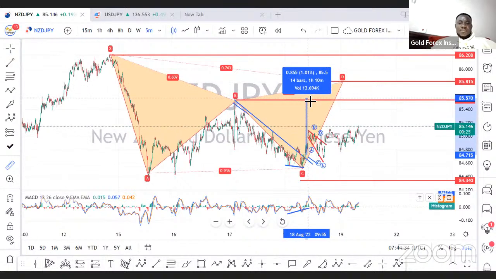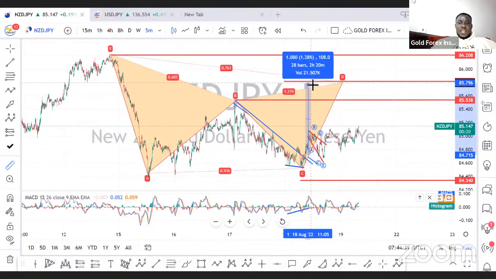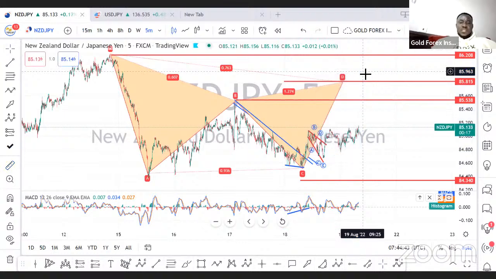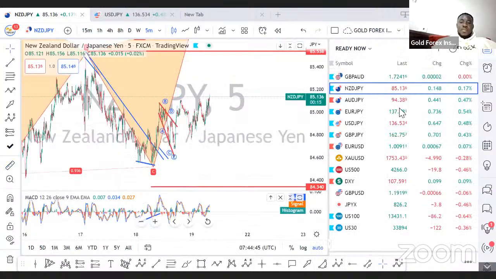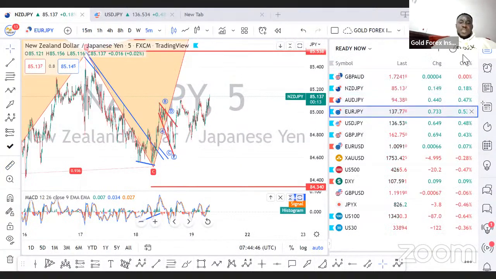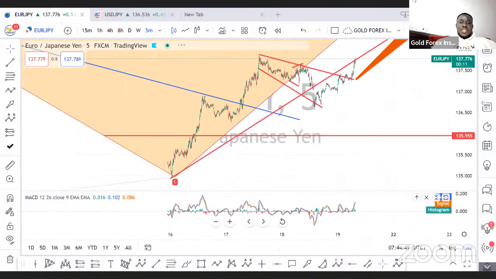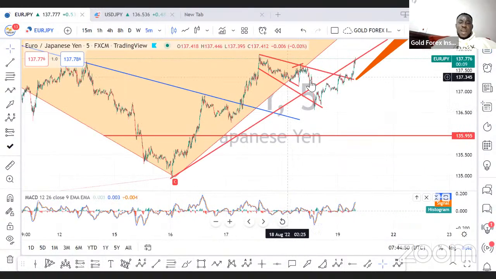So we are targeting first take profit 84.4 pips, and second one, 110 pips for this trade. Okay, 110.